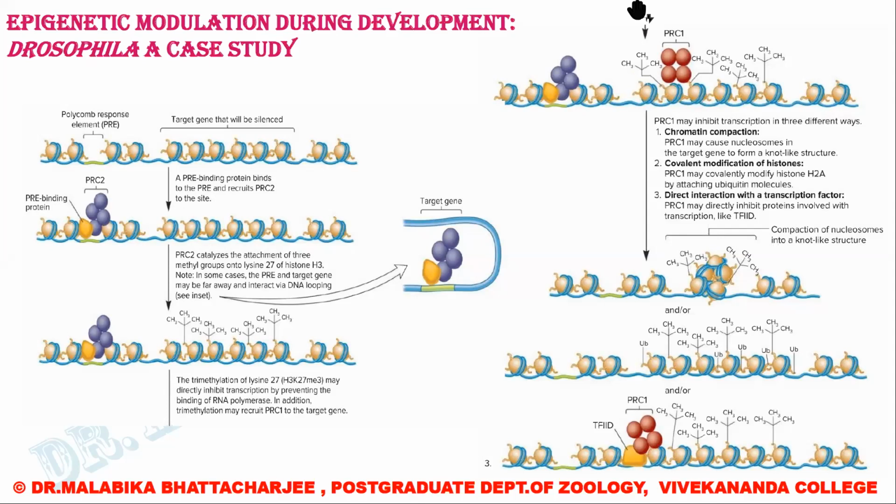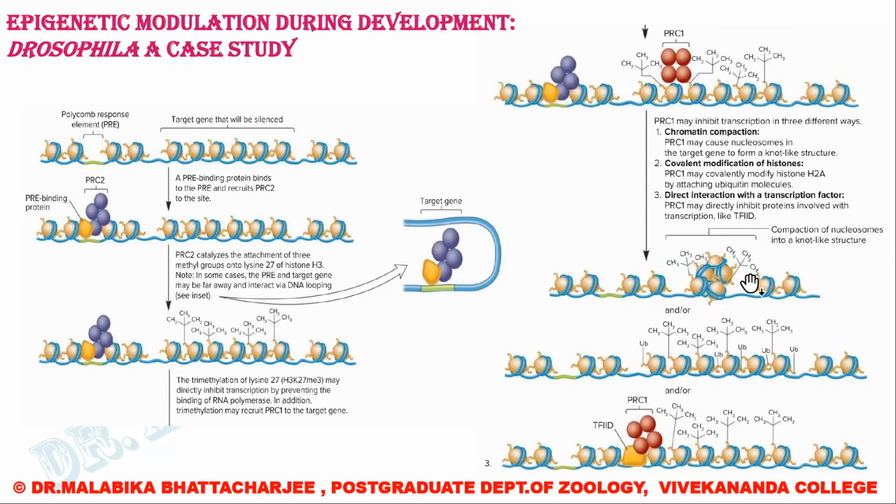PRC1 is further recruited. If you remember, I gave you the example that there are some methyl cytosine binding repressive proteins which further repress transcription. Now once these areas are trimethylated, PRC1 binds here, and this further results in compaction of the chromatin. So three outcomes might occur.